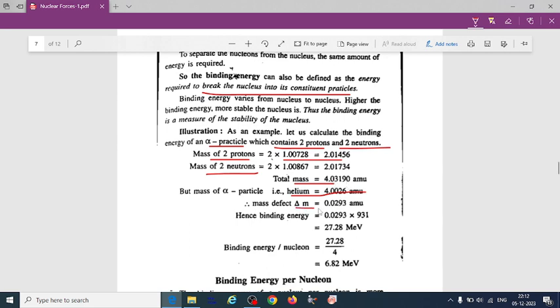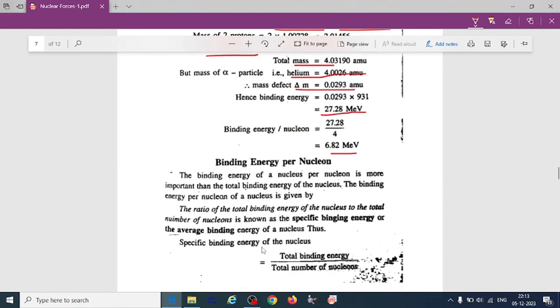So the mass defect will be 0.0293 atomic mass unit. Multiply by 931 to get the binding energy, about 27 MeV. Binding energy per nucleon: the number of nucleons is 2 protons plus 2 neutrons, that is 4. So 27 by 4, about 6.82 MeV, is the binding energy per nucleon.